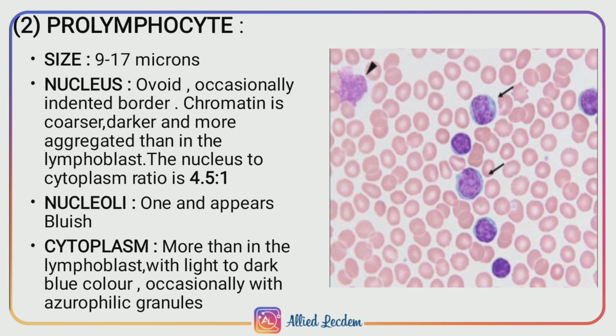The nucleus to cytoplasm ratio is about 4.5:1. Nucleoli is 1 and appears blue in color. As the blood picture shows, the cytoplasm is more than in the lymphoblast with light to dark blue color and occasionally with eosinophilic granules.